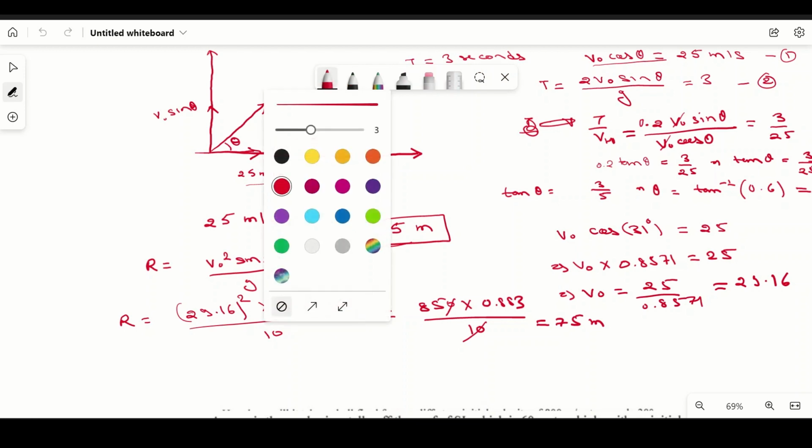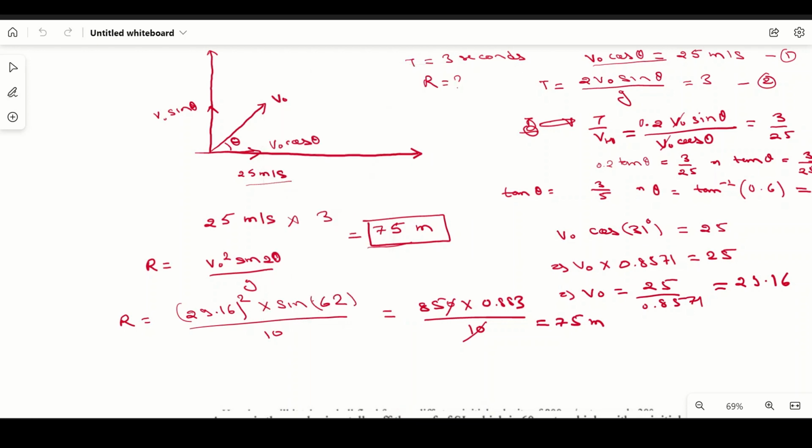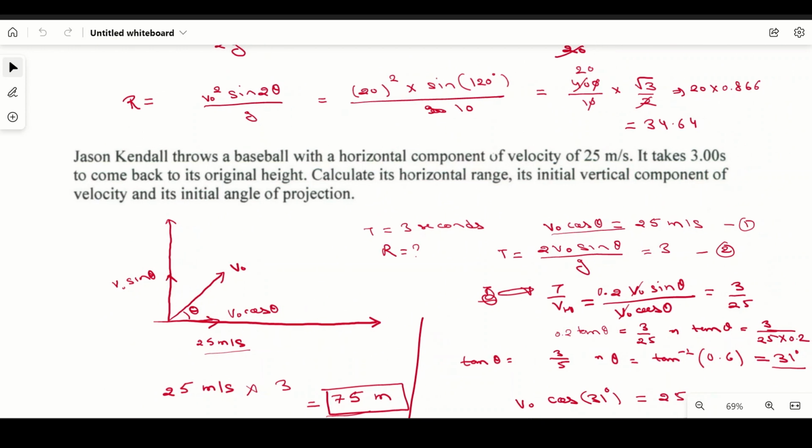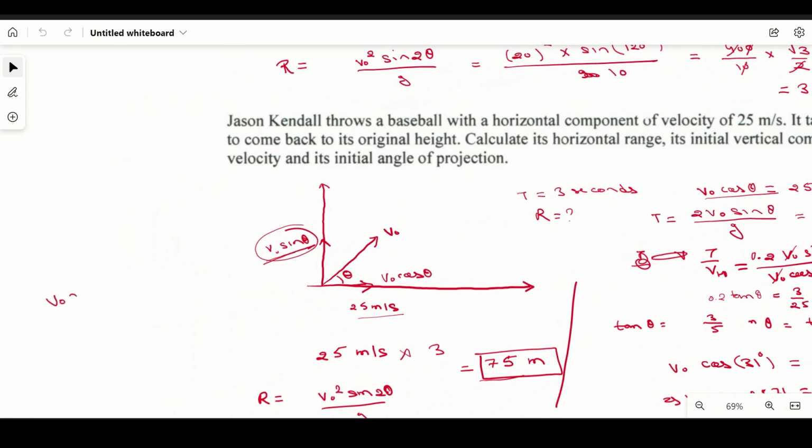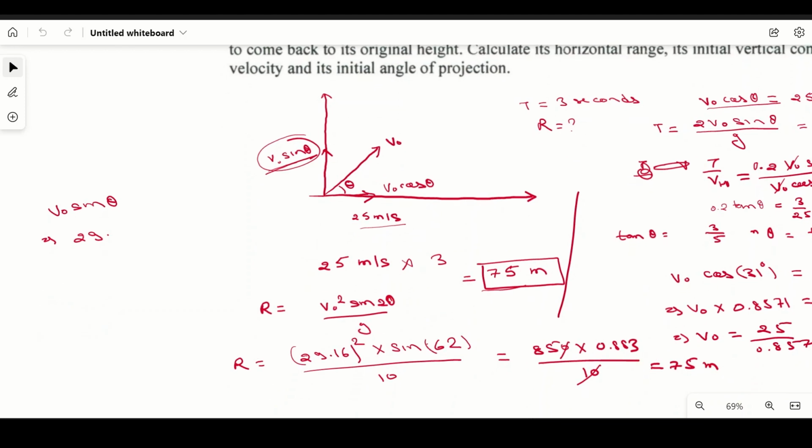Now what else do we have to find? We will see in the problem: the initial vertical component of velocity. You can see that the initial vertical component of velocity is V naught sin theta. So V naught sin theta is 29.16 into sin 31 degree.